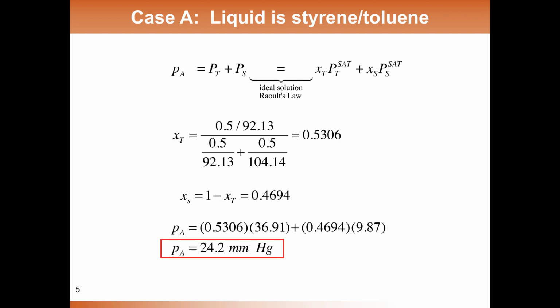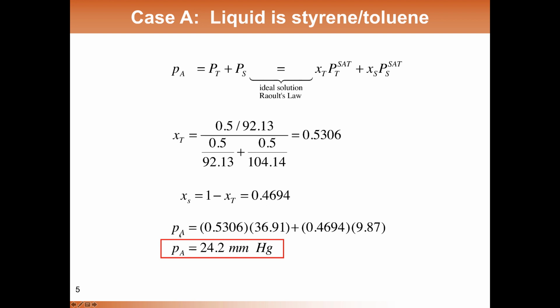And so we can go about calculating the mole fraction of toluene and styrene in this mixture based upon the weight fractions. It was 50% styrene and 50% toluene. And we use the molecular weights to convert the weight fractions to mole fractions, and a 50% by weight toluene mixture corresponds to about 53 mole percent toluene, and the balance is styrene.